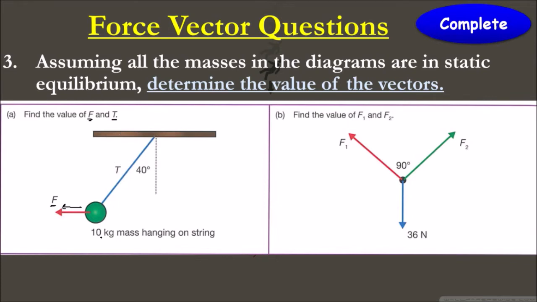What we know is this mass is 10 kilograms and it's pointing down because that is the weight force. So that's 10 times 9.8, the acceleration due to gravity. So we have a downward force of 98 newtons.